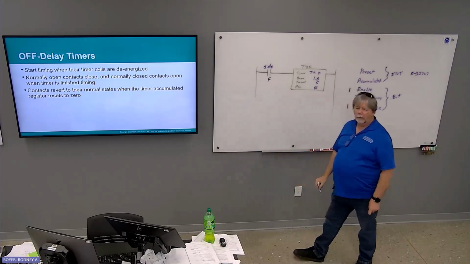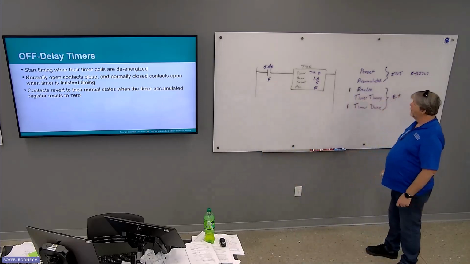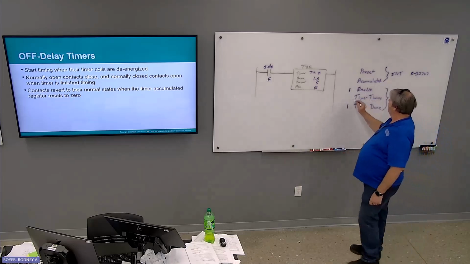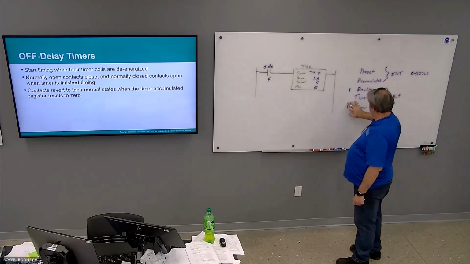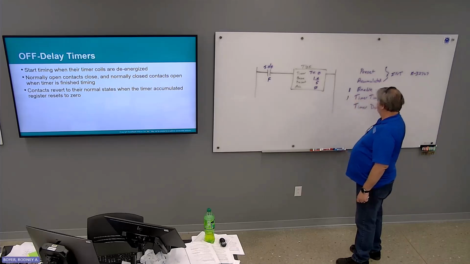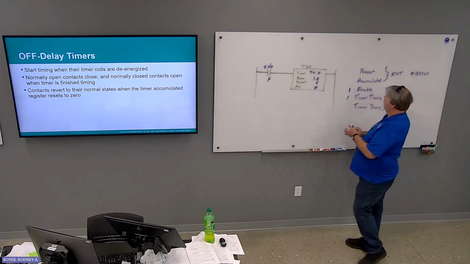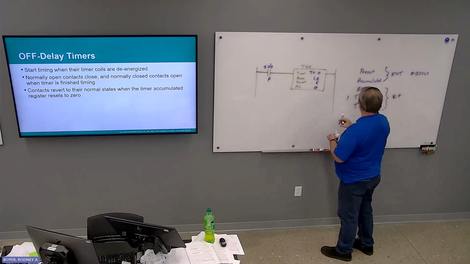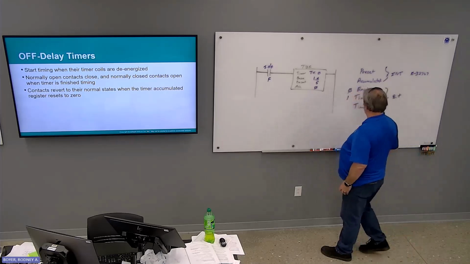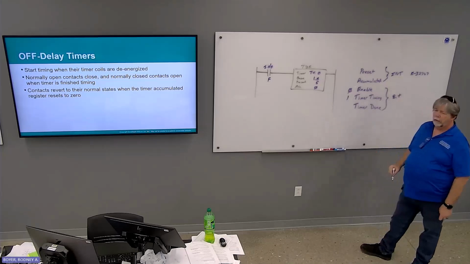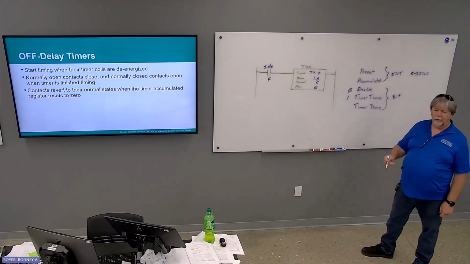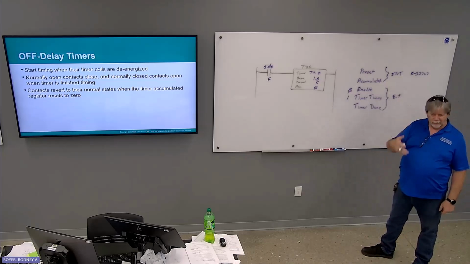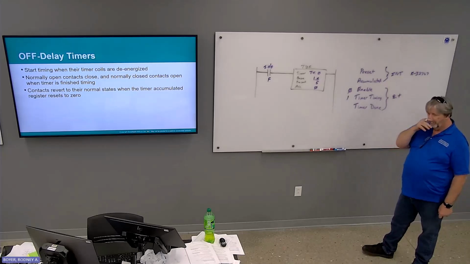The moment that your conditional logic evaluates as false, the enable is going to be cleared. The timer timing bit will set. That means that the timer is actively timing.